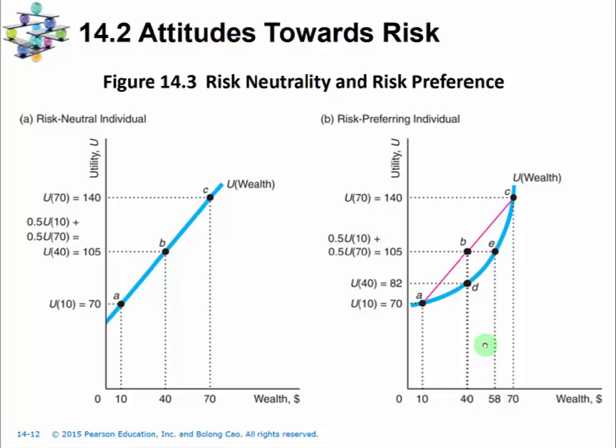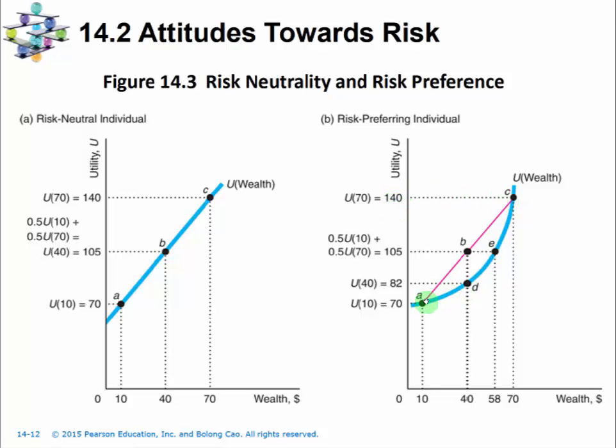Here, let's look at the utility that comes from the expected value, which is 82 here. An expected value of 40 gives 82 utils to this risk-loving decision maker. For the risky event, if the outcome is 10, the risk-loving decision maker will get 70 utils. And if the outcome is 70, this decision maker will get 140 utils.